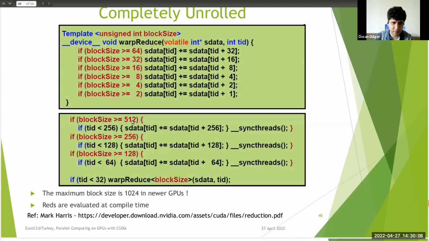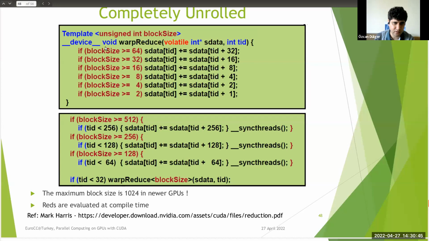If block size is greater than 512, do this one. If it is greater than 256, do this one. If it is greater than 128, do this one, and so on. These are the iterations of the for loop. And of course, here the maximum one is 512, but this is for the older hardware. For the newer GPUs, the maximum block size is 1024. Don't forget.